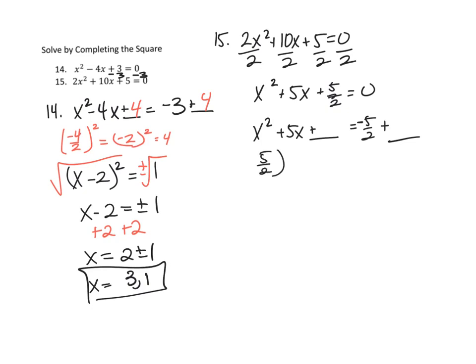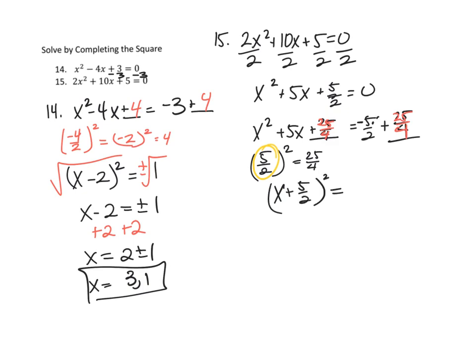And this is 5 halves. 5 divided by 2 squared is 25 over 4. And so we're going to add 25 over 4 to both sides. I prefer to have that in a different color. And we know that this is how this side's going to factor: x plus 5 halves squared.